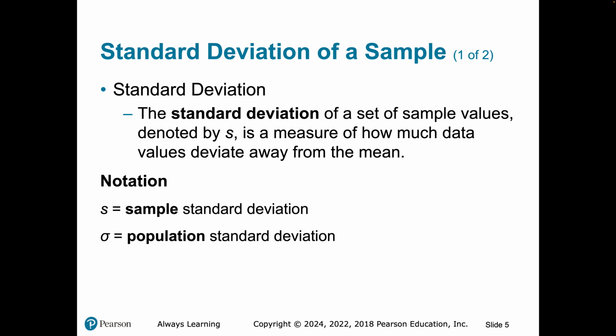But nevertheless, we do report these. Standard deviation: depending on whether we're in a sample or a population. If we have a sample standard deviation, which we typically will, the notation is S. And if we have a population standard deviation, which is typically unknown, we have the Greek letter sigma. I think of standard deviation as a measure of spread around the mean.